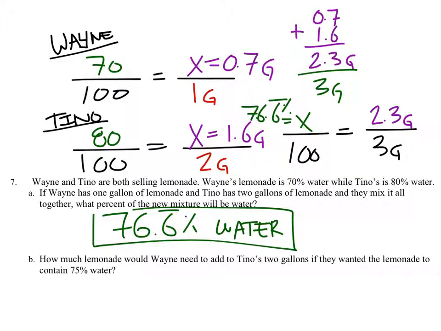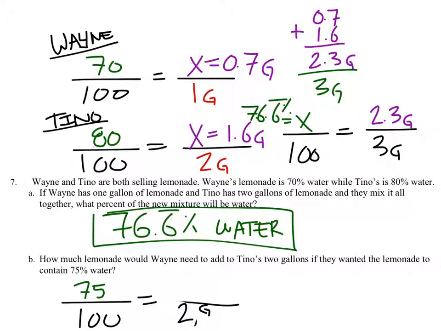How much lemonade would Wayne need to add to Tino's 2 gallons if they wanted the lemonade to contain 75% water? Well, right there it has 76.6%. Let's see, so we got 100%, but what we want is 75% water. Since it said if they want the lemonade, I guess we just use his 2 gallons. It's not going to matter.